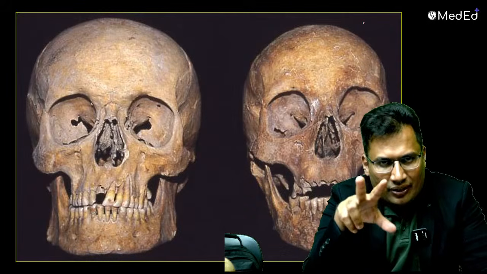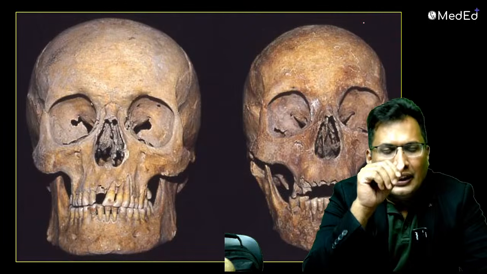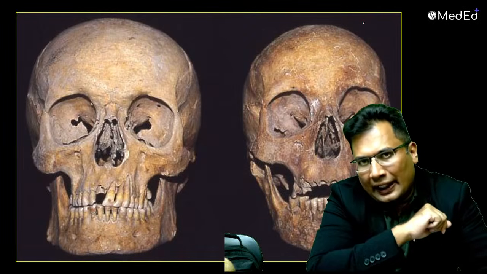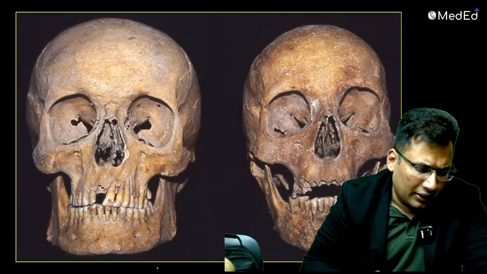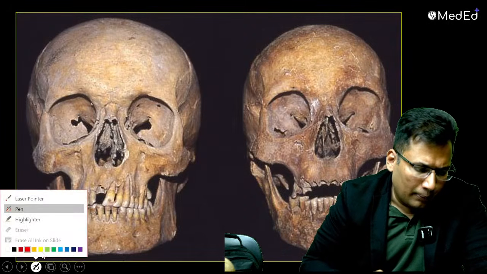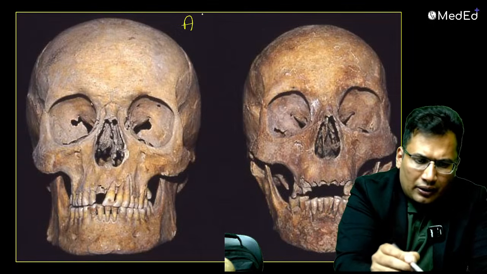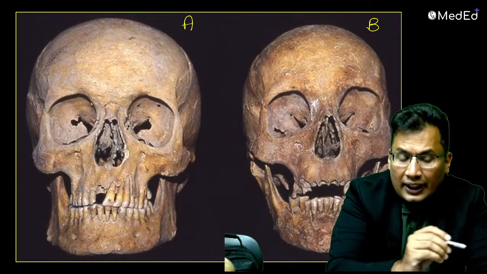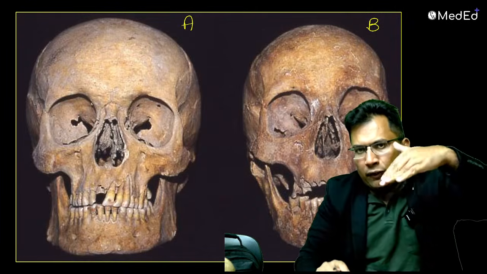So we are in the crime scene today. Just imagine you are in the crime scene. 2 skulls are given there, A and B. Can anyone identify male and female? Identify the gender of the skull, A and B. In A, steeper forehead is there.